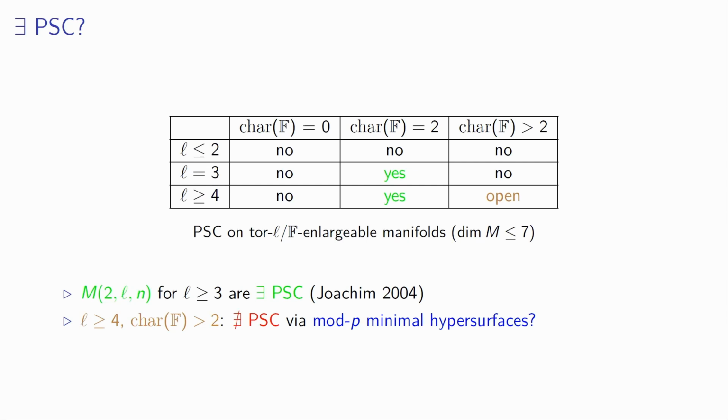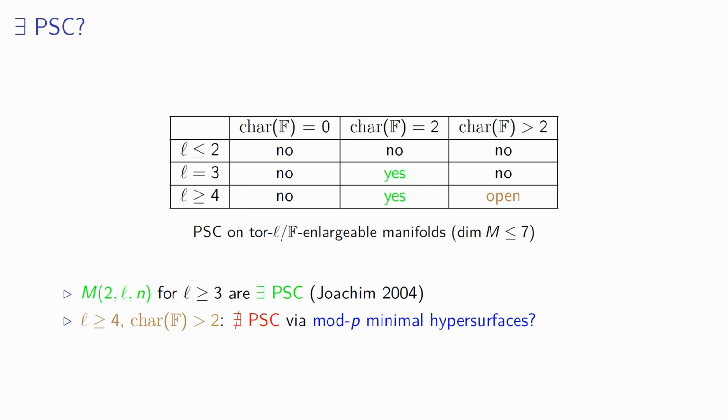You only see elements after passing to the field Z mod 3, in this case, using the universal coefficient theorem. And this means there is no interesting hypersurface of codimension 1 unless we pass to a more general class, which people call mod p minimal hypersurfaces. They represent mod p homology classes of codimension 1, but it's not clear how this connects to the positive scalar curvature property. And this is really a wide open question.